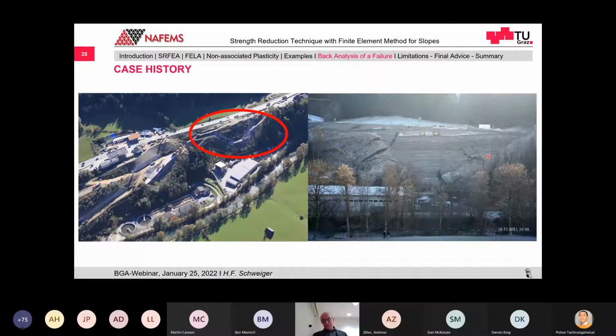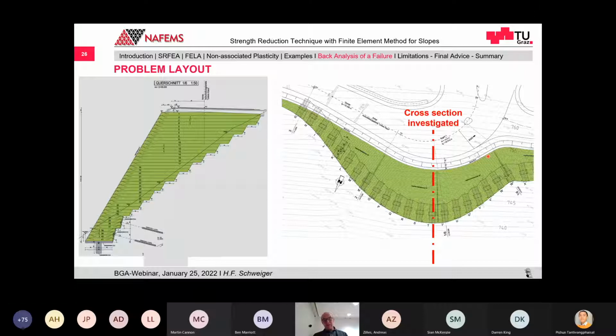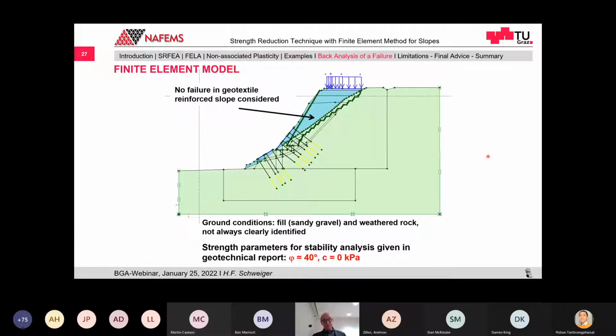Now the design was done based on limit equilibrium, and when a failure occurred, then we were asked to check whether we could do finite elements on that and see what the factor of safety was. Now, so again, this is the geotextile reinforced part.